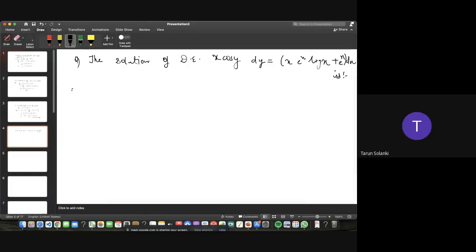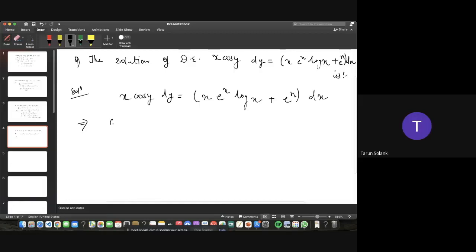Okay, so we will solve this. x cos y dy is equal to x e to the power x into log x plus e to the power x into dx.